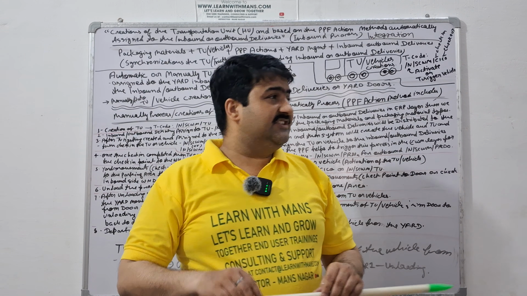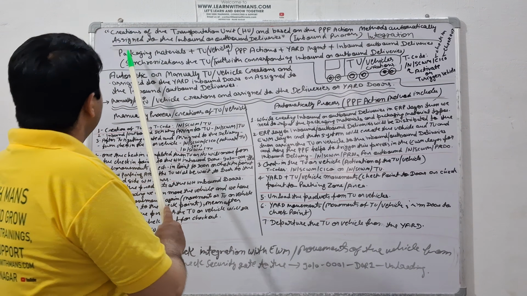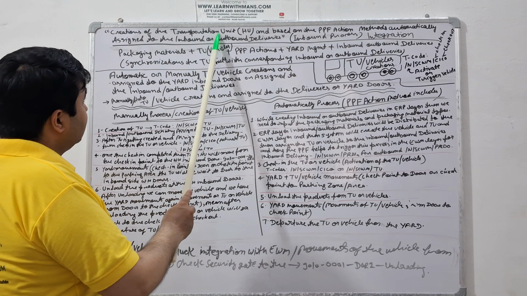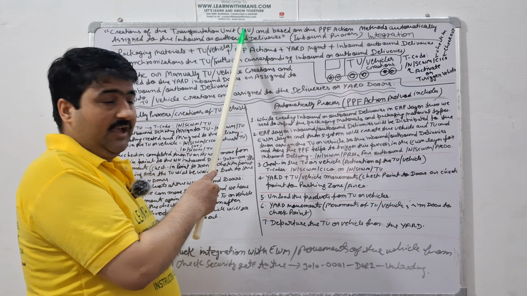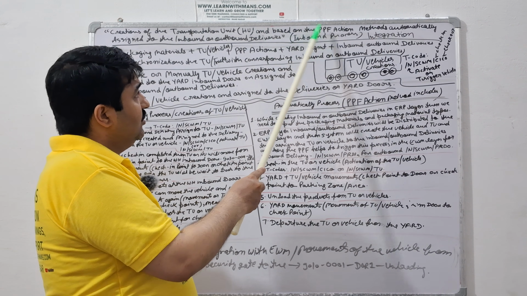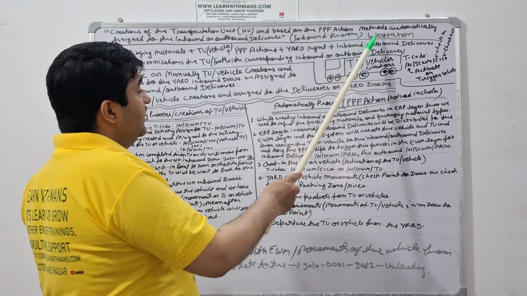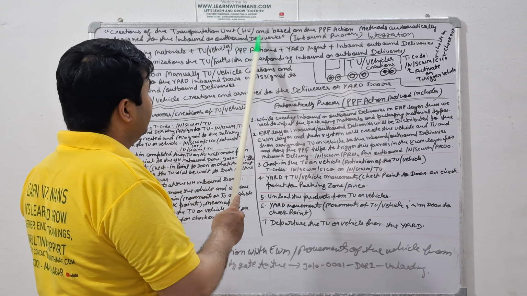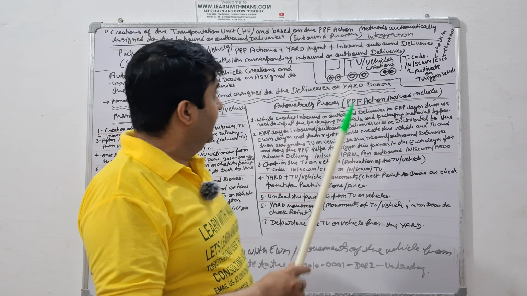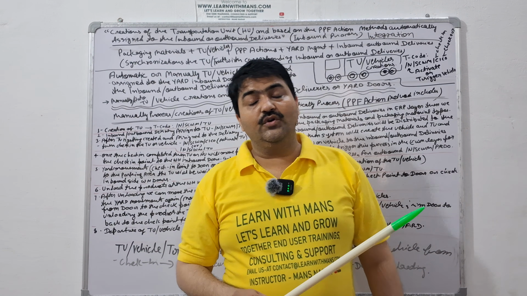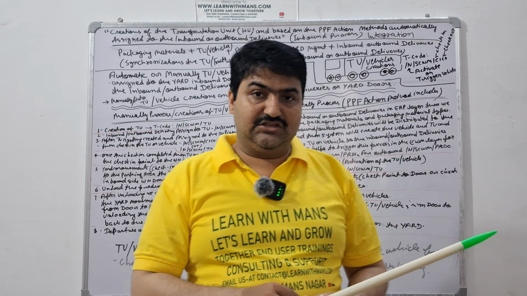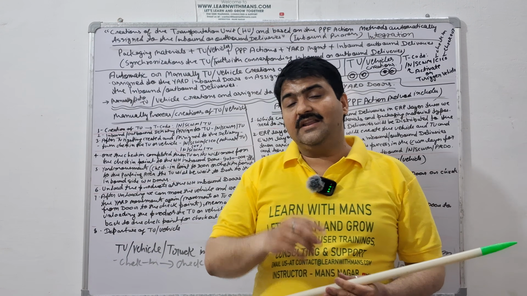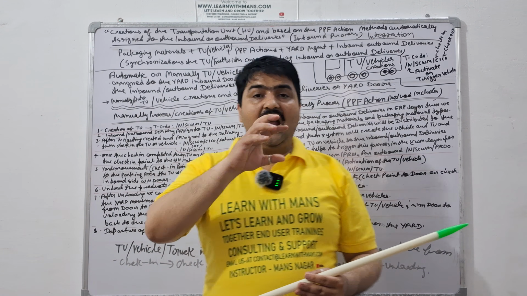So in this session we are going to see how we create the transportable unit, and based on the post-processing framework, how we automatically assign the transportation unit to the outbound delivery. We will see how we create the transportable unit, how we create the vehicle.